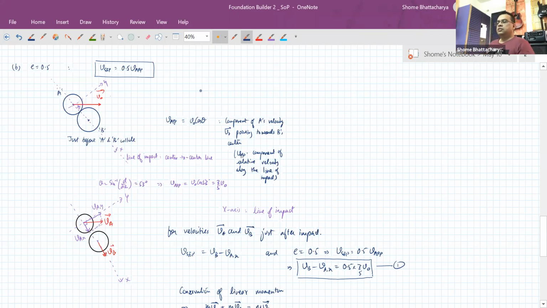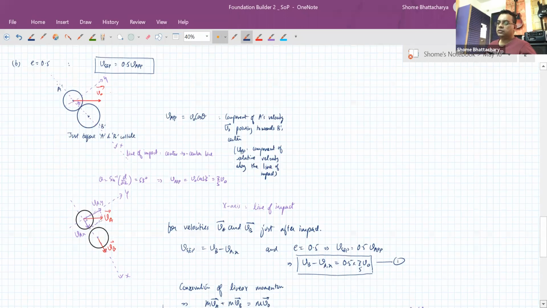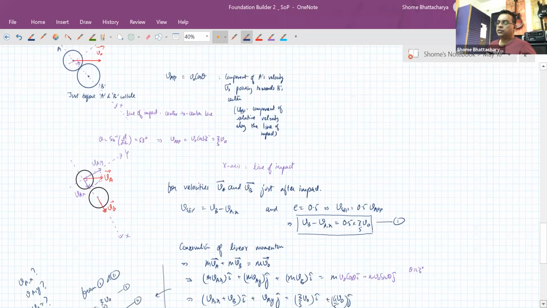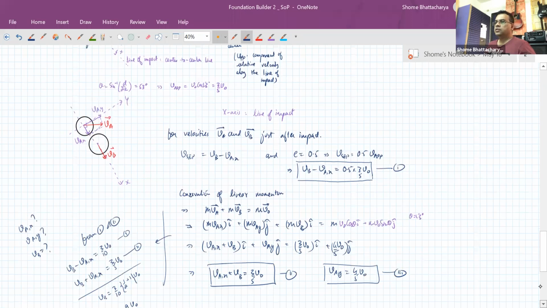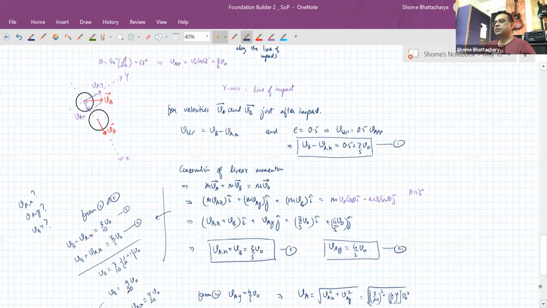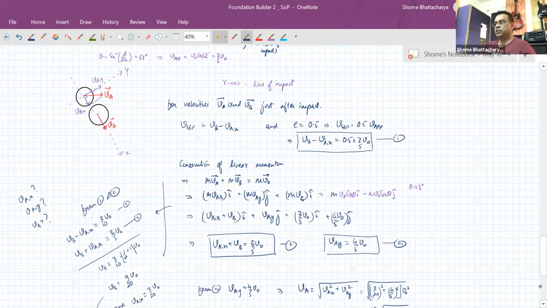Okay, so these are typical examples of oblique collisions and how we can interpret coefficient of restitution in an oblique collision. The approach and separation velocity are nothing but the components of the relative velocity along the center to center line in this kind of a situation.